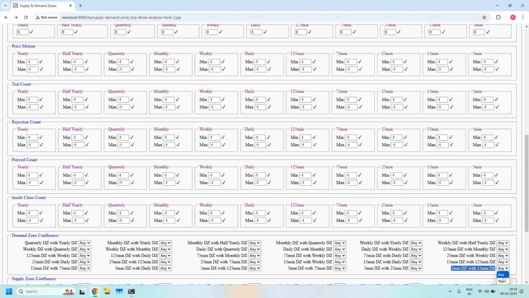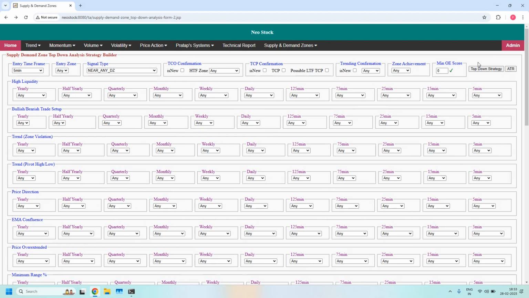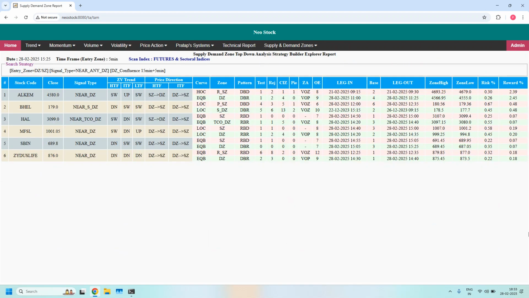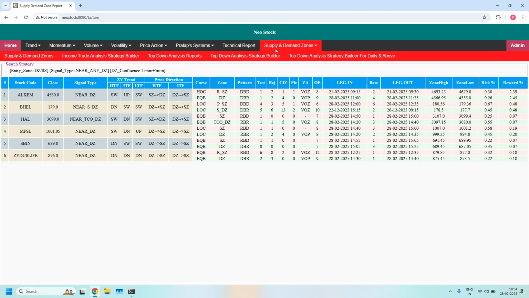I'm enabling the filter. So all 6 stocks are having ITF demand zone confluence. Only the second one is invalid, it is having a pierced demand zone. The remaining stocks, these 5 minutes demand zones are overlapped with 75 minutes demand zone. Okay, next.